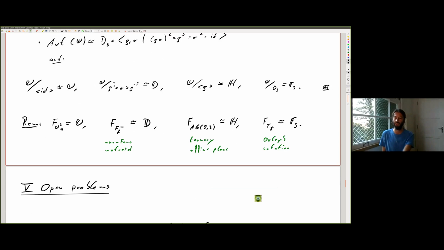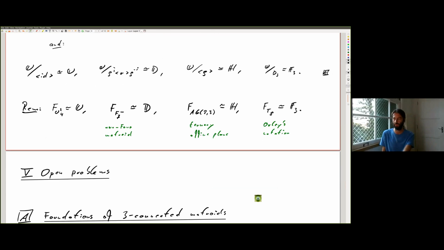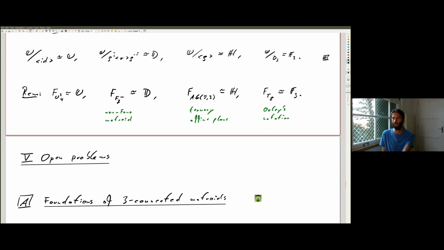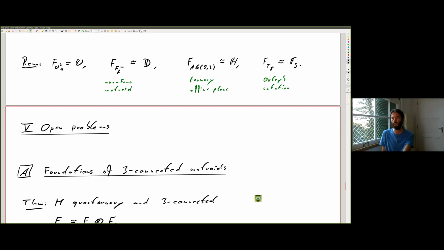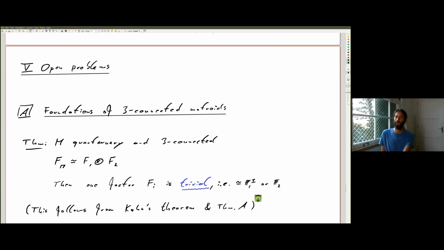But there are some more particular theorems. One that Matt mentioned last time, which I want to pick up as the first one and maybe the only one, let's start with the following fact. If M is quaternary and 3-connected, and F_M is a tensor product of two pastures, F1 tensor F2, then one of the factors must be trivial, in the sense that it's isomorphic to the regular partial field or F2.